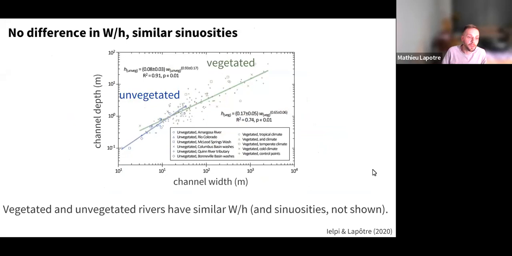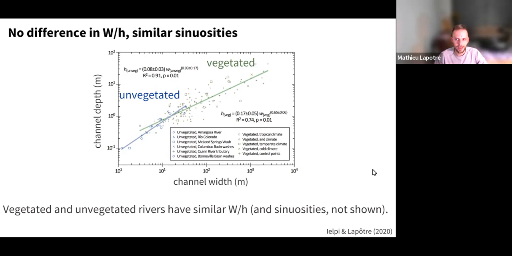Starting with shape, and specifically with the width to depth ratio of the river channels, here I'm showing channel depth as a function of channel width, with unvegetated rivers shown in blue and vegetated river channels shown in green. Essentially, we do not see any significant differences in the width to depth ratio of vegetated versus unvegetated meandering rivers.